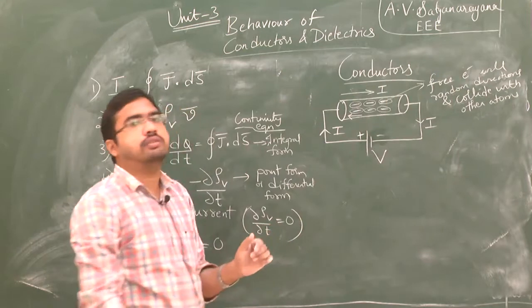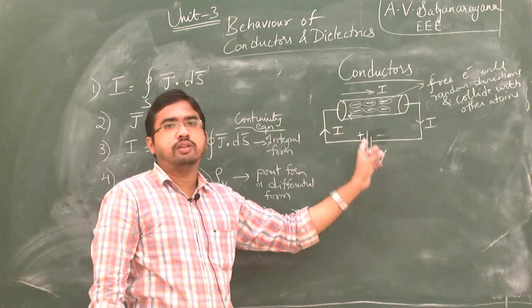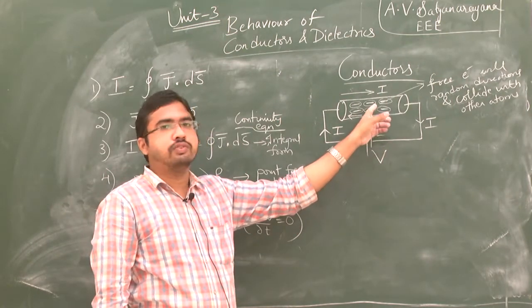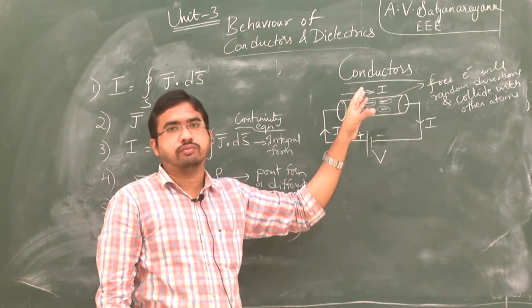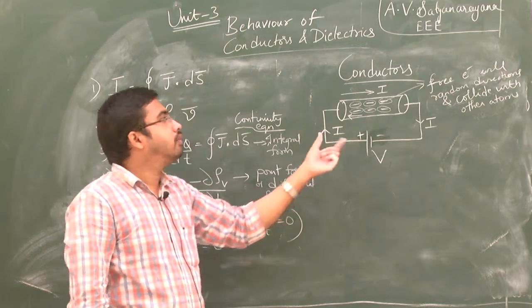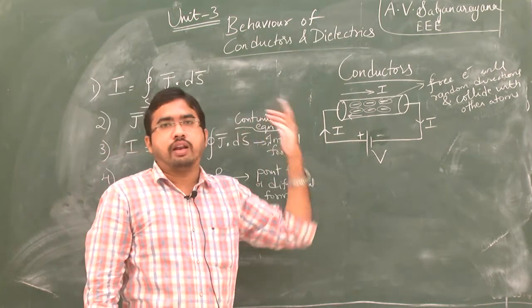Now, on the application of this voltage or electric potential, electrons will move in random directions and collide with other atoms. That will not happen for a long time.